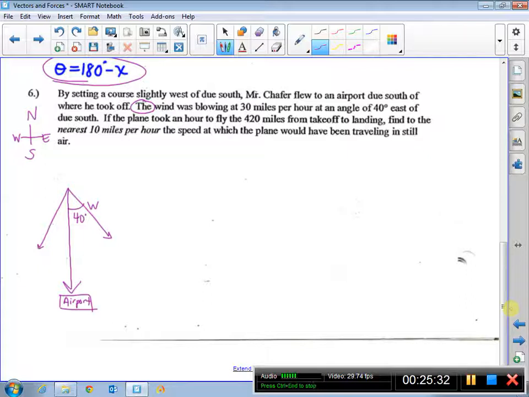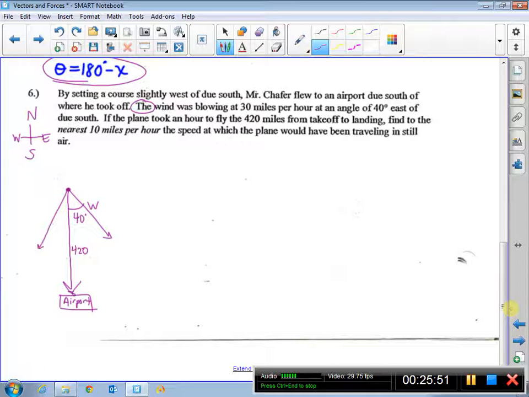If the plane took an hour to fly the 420 miles from takeoff to landing, so here's takeoff, here's landing, it went 420 miles, and since it was 1 hour, that's 420 miles per hour.